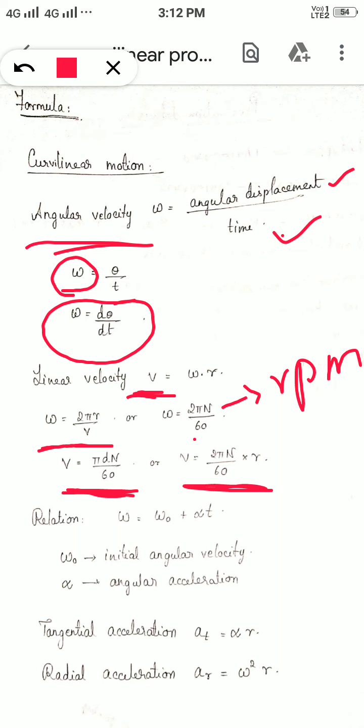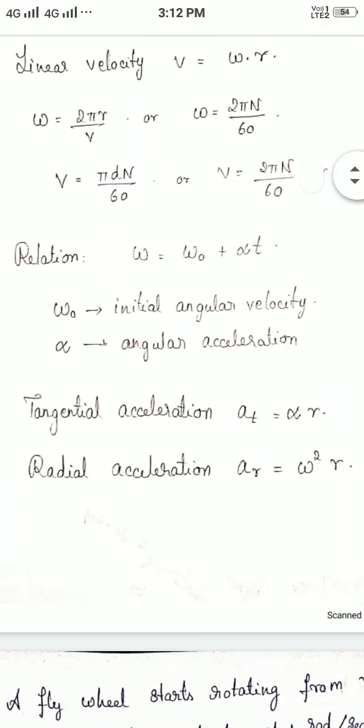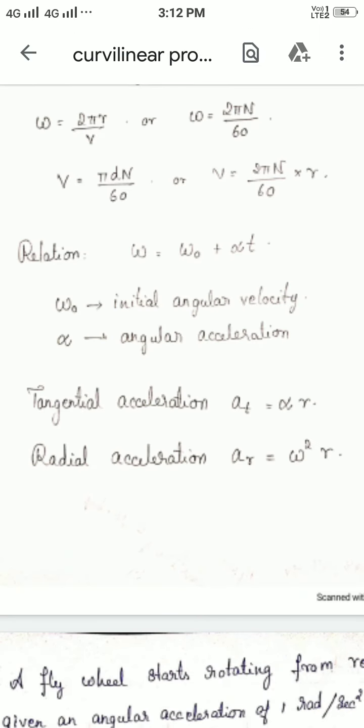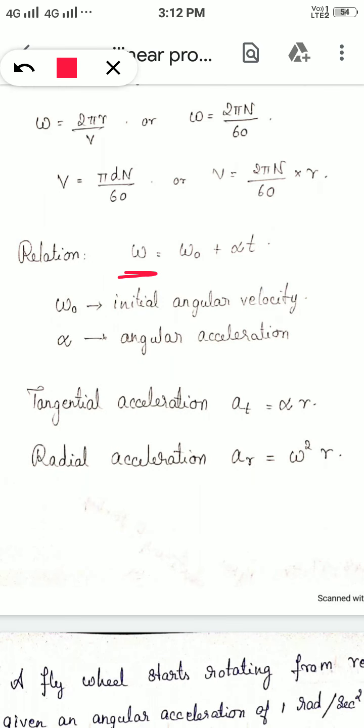There is another relation between angular velocity and acceleration. This relation states that omega is equal to omega naught plus alpha into t, where omega is your final angular velocity, omega naught is the initial angular velocity, alpha is your angular acceleration, and t is the time.